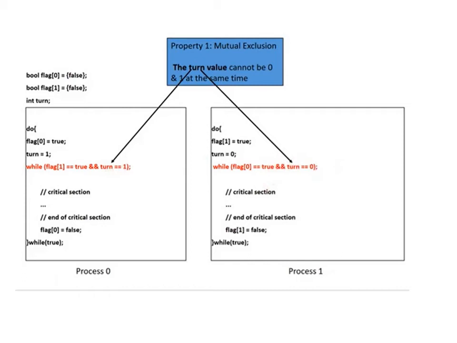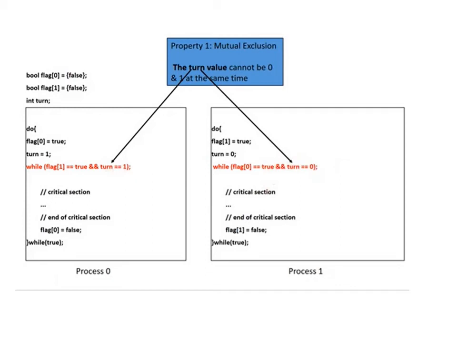Finally, we know that any solution to the critical section problem must satisfy three requirements. Those are mutual exclusion, progress, and bounded waiting. Now we have to check whether the Peterson solution satisfies these requirements or not. The first requirement is mutual exclusion. What is mutual exclusion? The critical section should contain only one process at a time. The other process should enter the critical section only when the critical section is free.